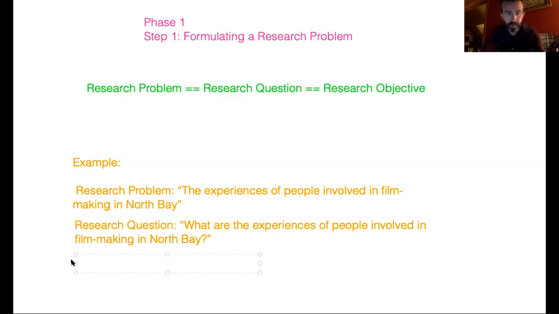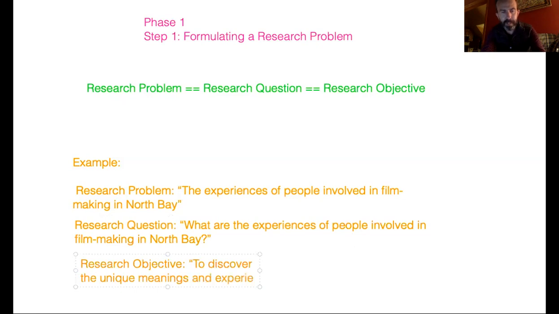Research objective. Basically the same thing: to discover the unique meanings and experiences held by people involved in filmmaking in North Bay.